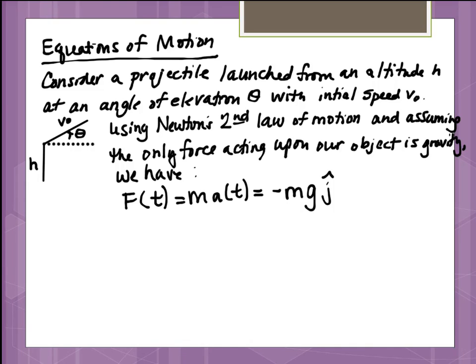And the derivative of velocity is acceleration. And our acceleration, again, is the effect of the gravity, which is a negative, times the 9.8.